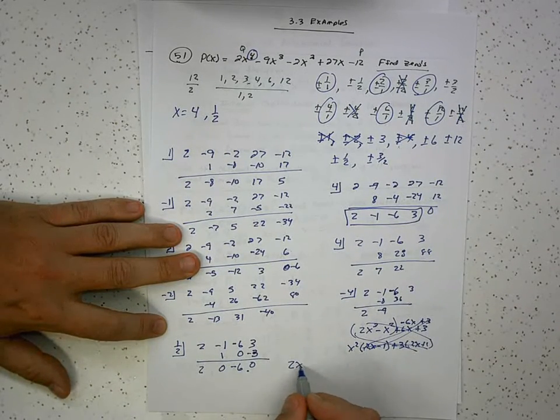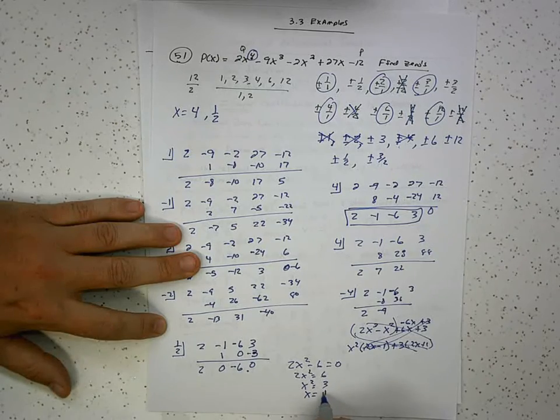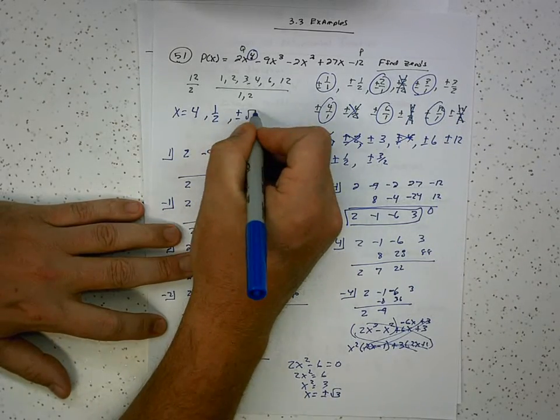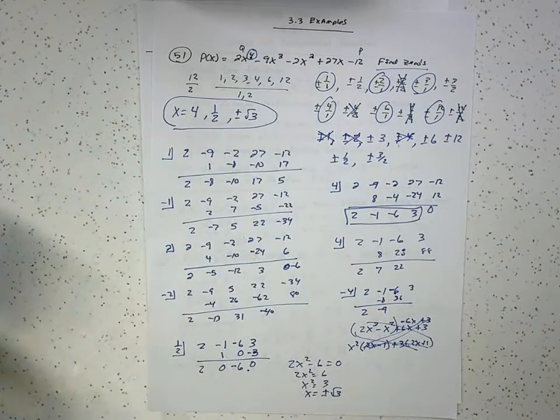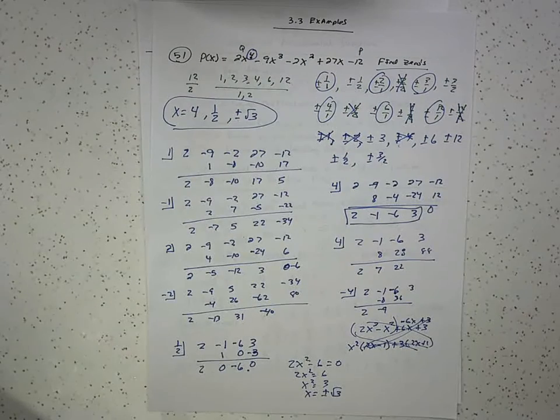And now I have 2x squared minus 6 equaling 0. Solve it out. And I have the other two roots. So the roots of this function look like that. 4, 1/2, and plus or minus the square root of 3.